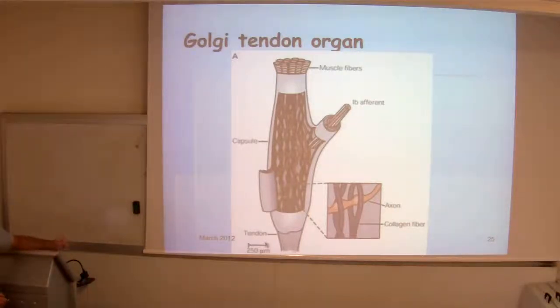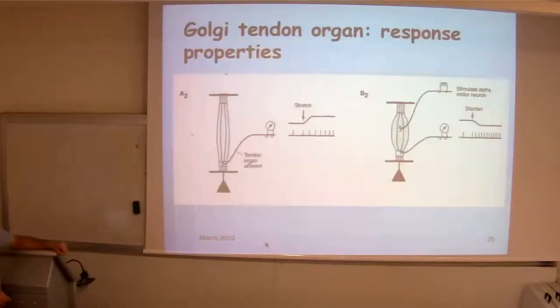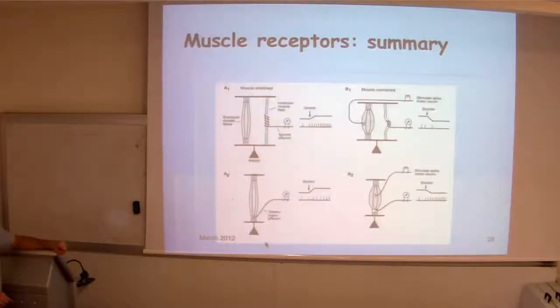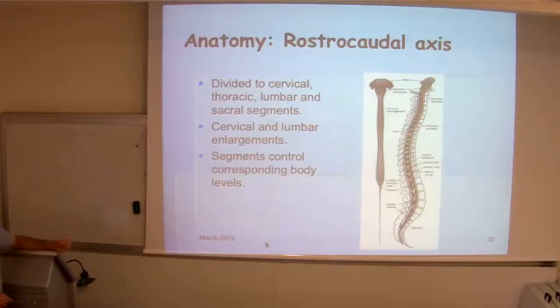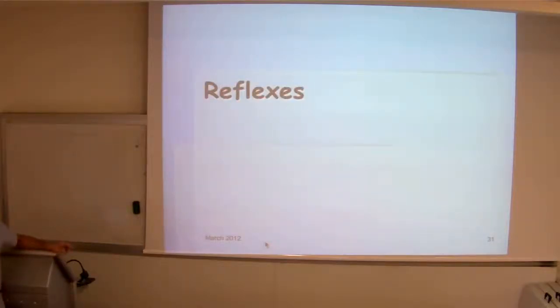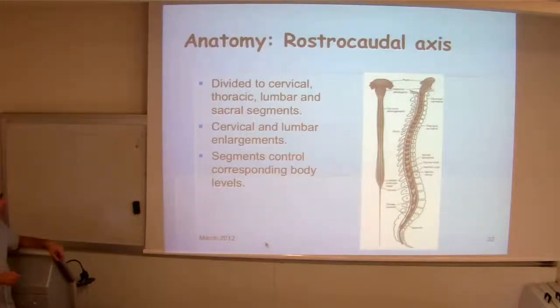When the tendon is stretched, it sends input to the spinal cord. The idea is the same, so it's not that interesting to go into the details. We need to at least mention reflexes in the 2 seconds that we have for that.